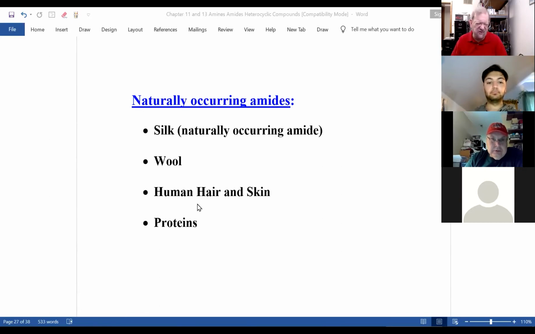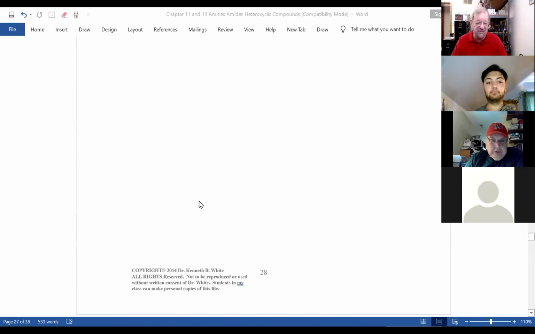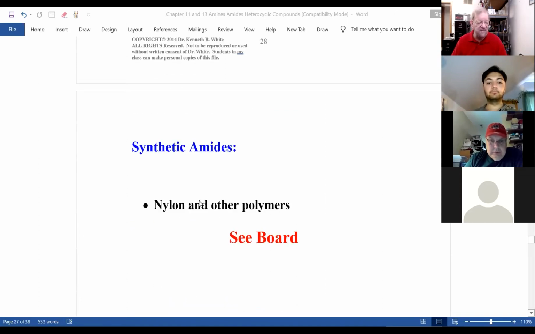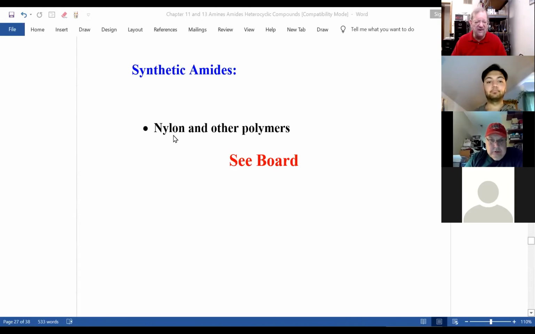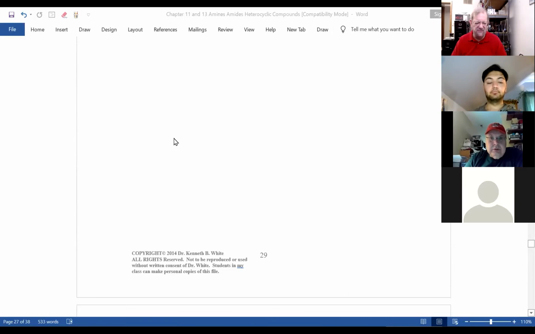Now, protein chemists have sort of masked that by using the term peptide and peptide bond. But if you're a synthetic organic chemist like me, hogwash, that's just an amide. Important one. Now, I'll talk later when we get into polymers about nylon, so I'm going to skip this.